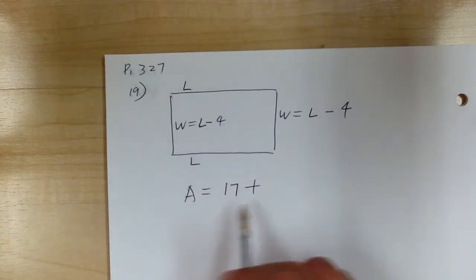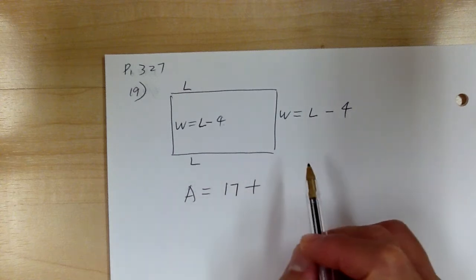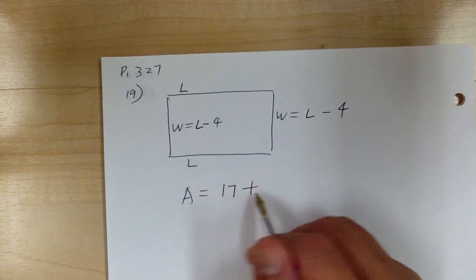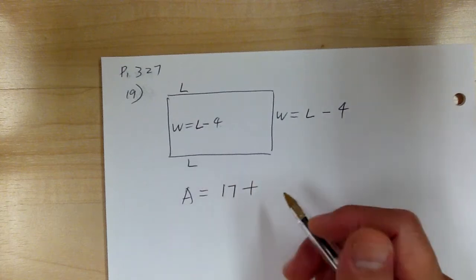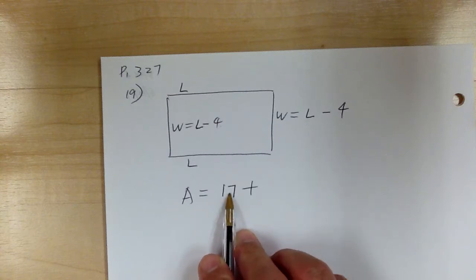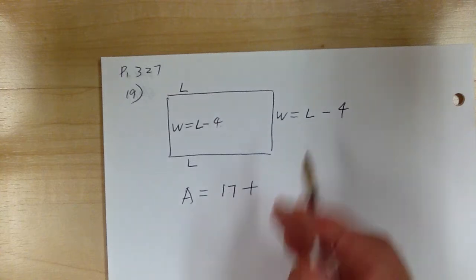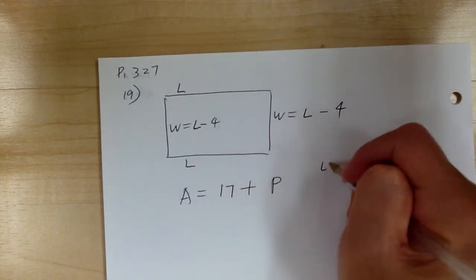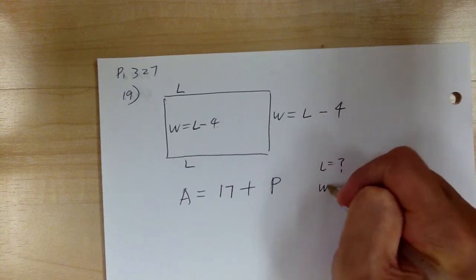It means they only compare the numbers, not the labels. So in other words, when you're writing, just ignore the labels for now. Okay. So area is 17 more than its perimeter. So that's P. Okay. So that's your translation, and it says look for its length and the width.